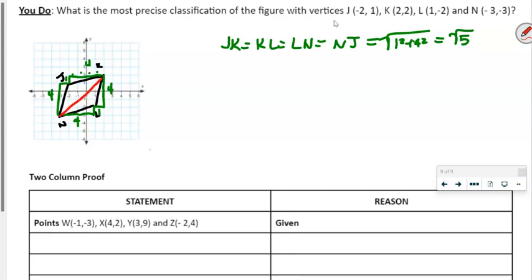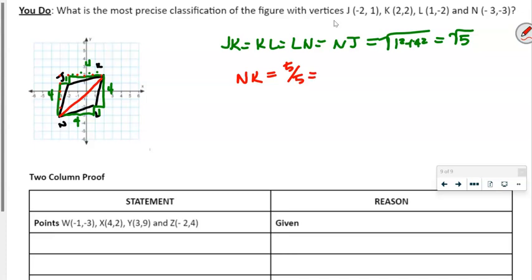Compare the diagonals, right? Okay. So what is the NK? What is the slope of that one? 1, 2, 3, 4, 5. NK is 5 over 1, 2, 3, 4, 5. 5 over 5. 5 over 5 is 1, right, y'all?